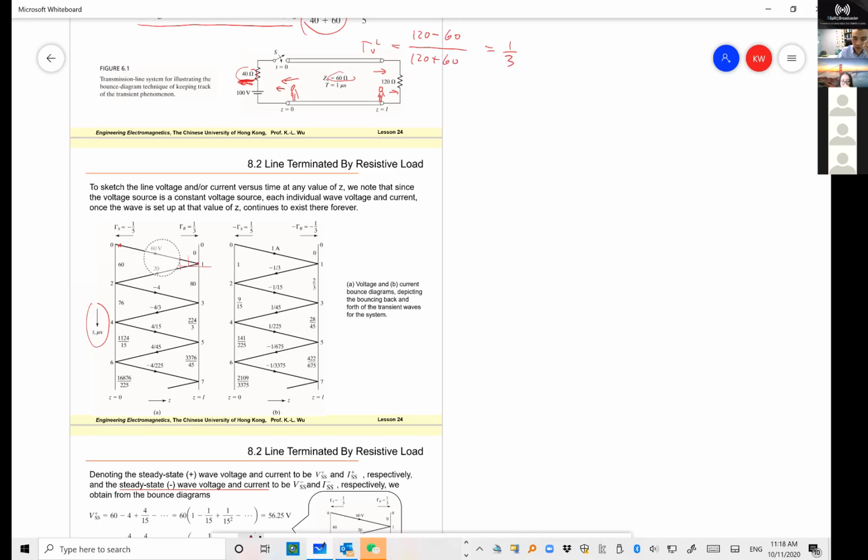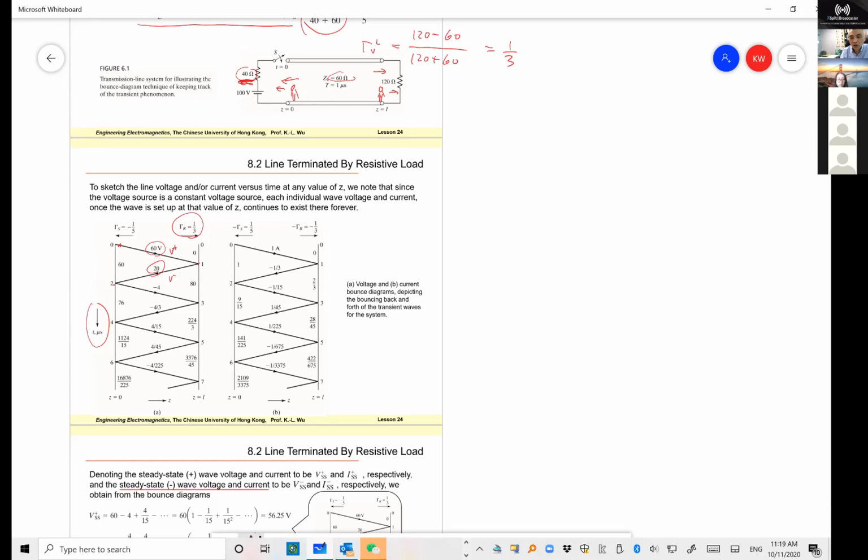Then you hit the wall and you reflect. Because the reflection coefficient is 1/3, the reflection coefficient multiplied by the initial voltage is 20 volt, right? You return the 20 volt. So this is V minus, this is V plus. Then this voltage hits this end, and you find the reflection coefficient is minus 1/5.